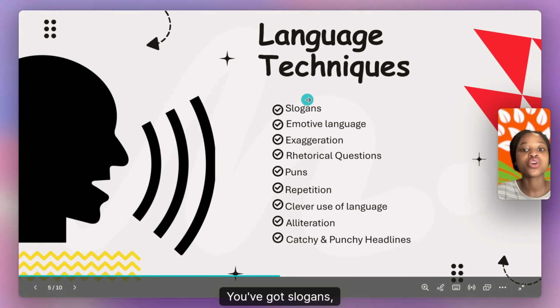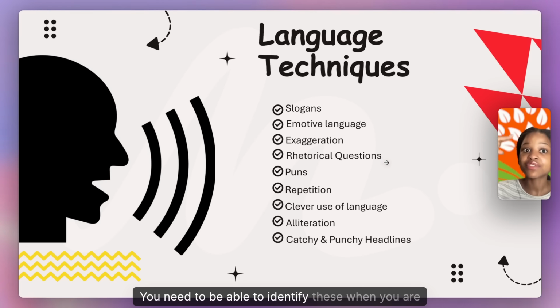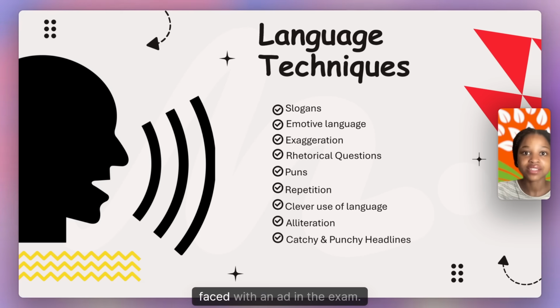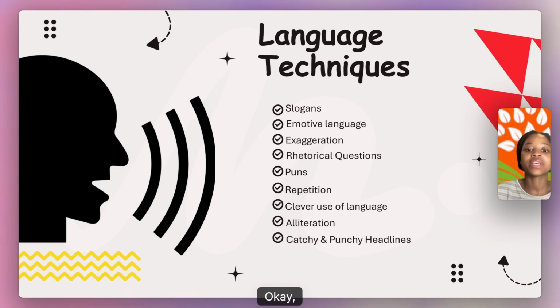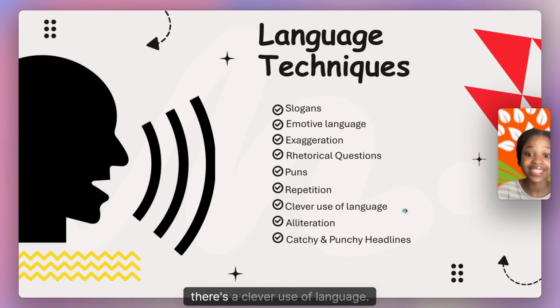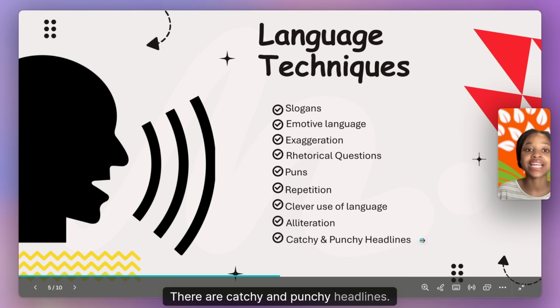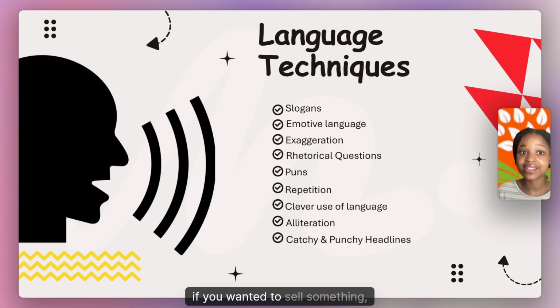Language techniques, you've got slogans, emotive language, exaggeration, rhetorical questions. You need to be able to identify these when you are faced with an ad in the exam. You've got puns, repetition. Sometimes there's a clever use of language, there's alliteration, they are catchy and punchy headlines. Remember, if you wanted to sell something, you would honestly go the extra mile.